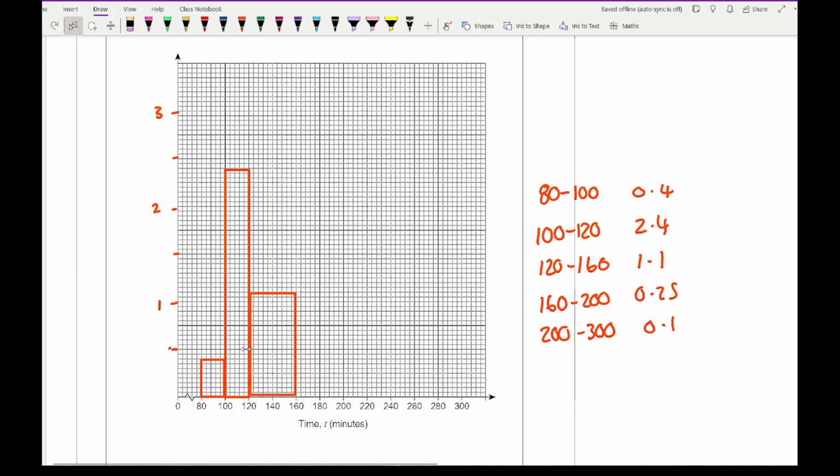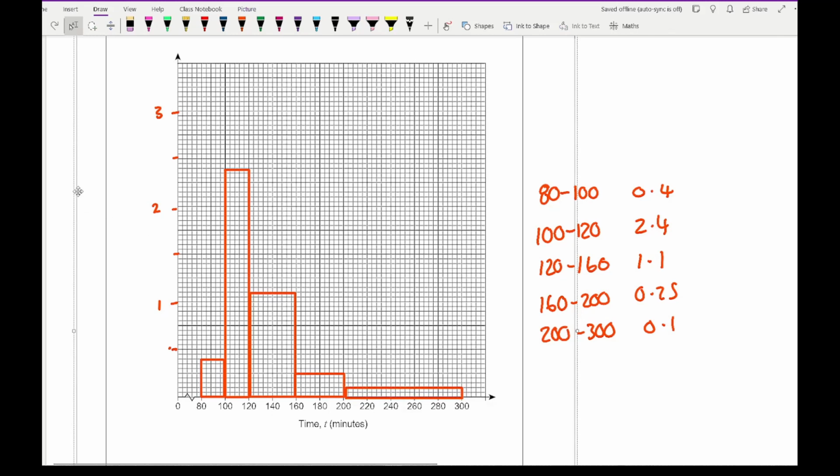Drag this out like so. And then the next one is at 0.25, which is a quarter. It's about there. And the last one, which is at 0.1, is 2 squares up. And that is roughly about there. So that's what your histogram should look like if you have used this scale.